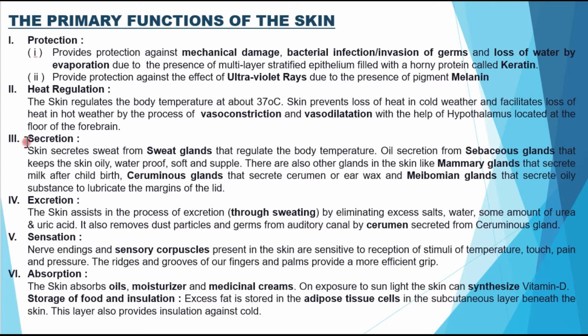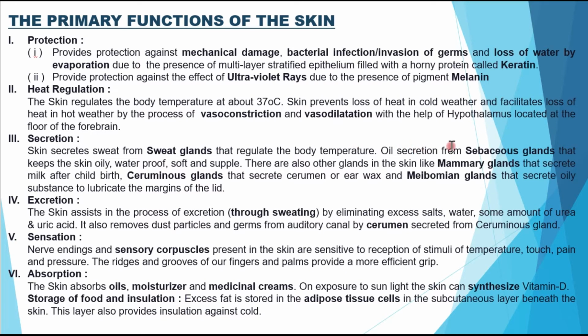Then skin also helps in secretion. It secretes sweat from sweat glands that regulate the body temperature. Body temperature is the primary function, but along with sweat, some metabolic wastes and excess amount of water are also released.